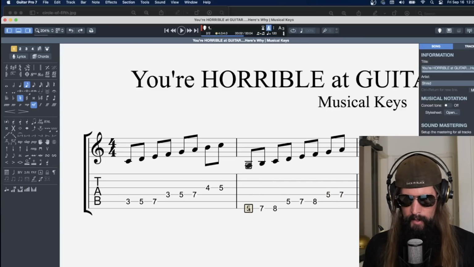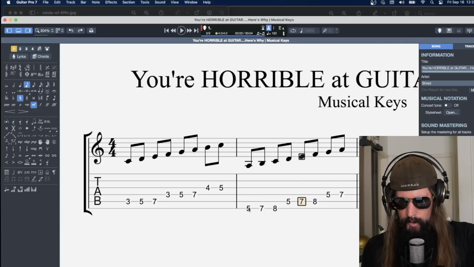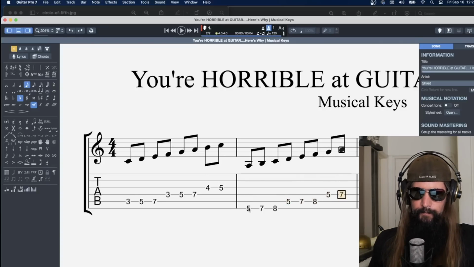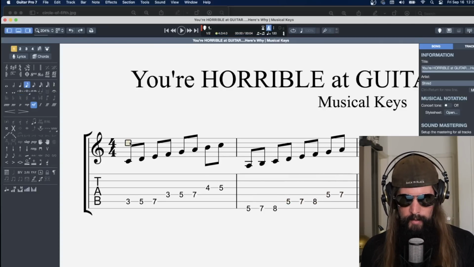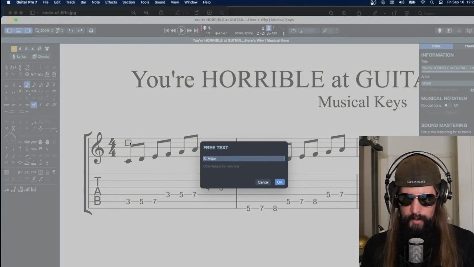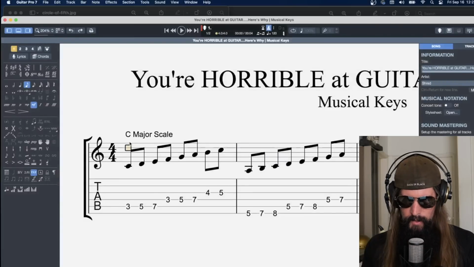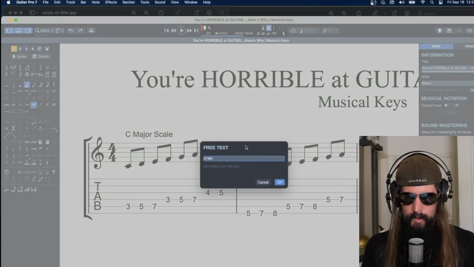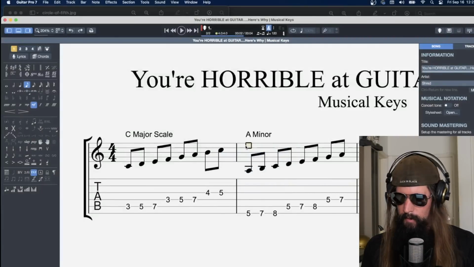So we've got A, B, C, D, E, F, G, and then we're back to A. Even though they share the same notes, it's a completely different sound. It all has to do with where you place emphasis within the song. So I'm going to label this A minor scale and the C major scale.